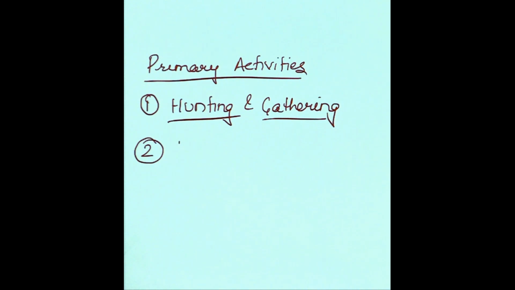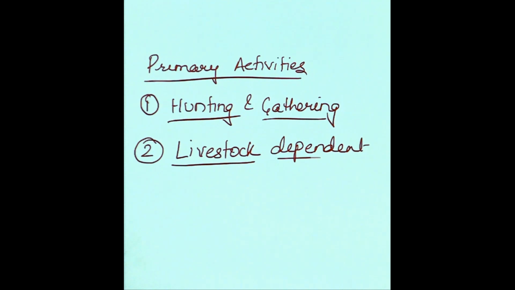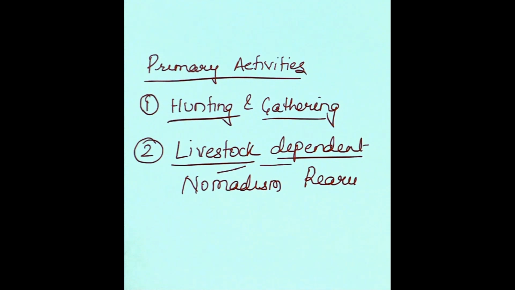Comparatively improved is livestock centric or livestock dependent primary activity, which can be either nomadism or livestock rearing.